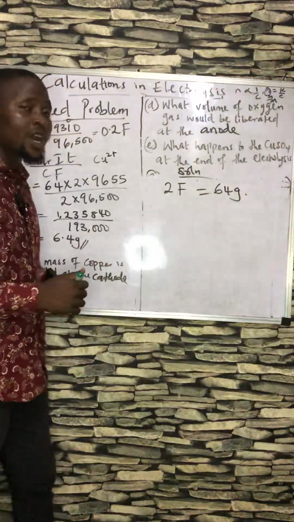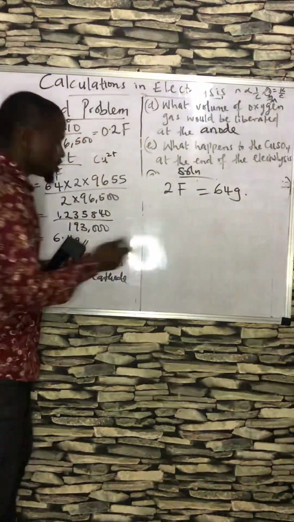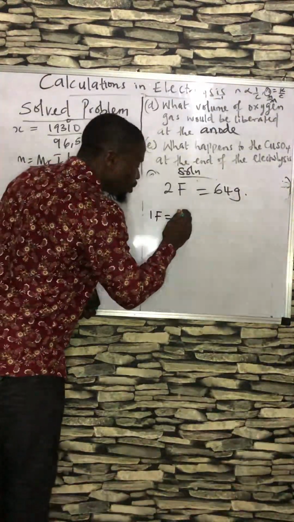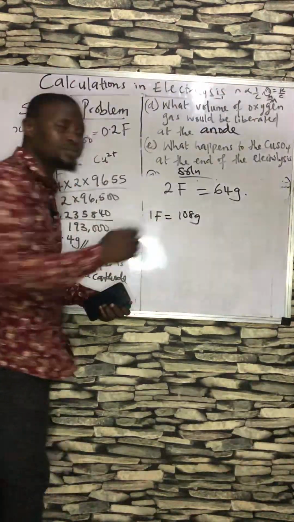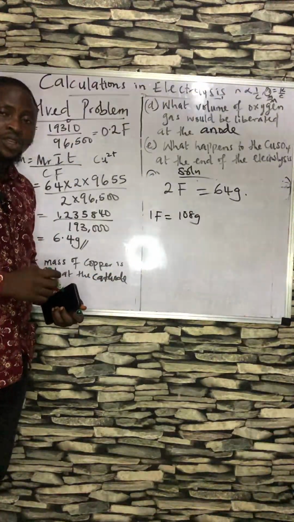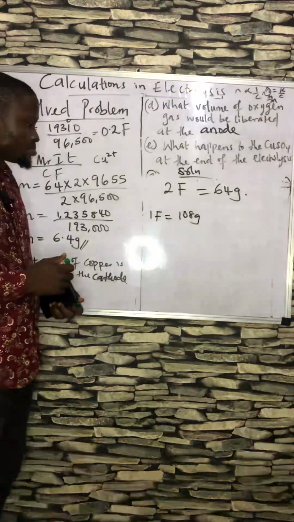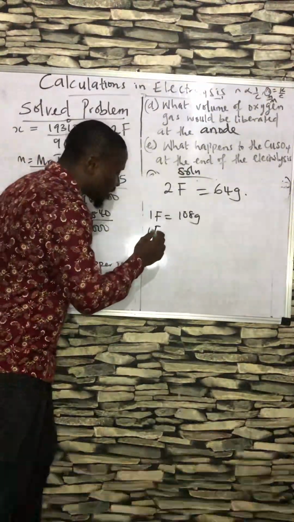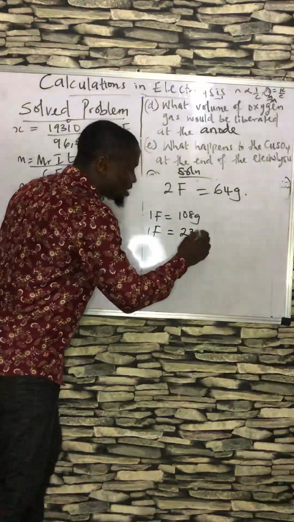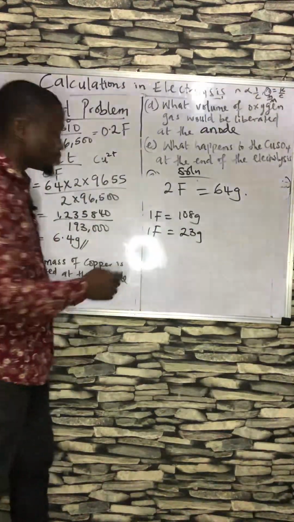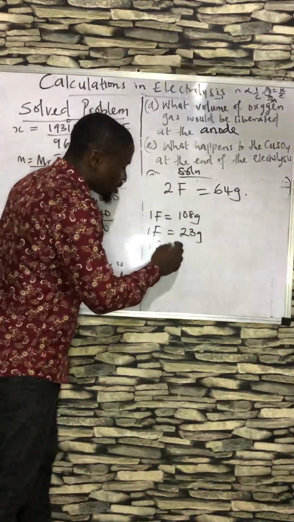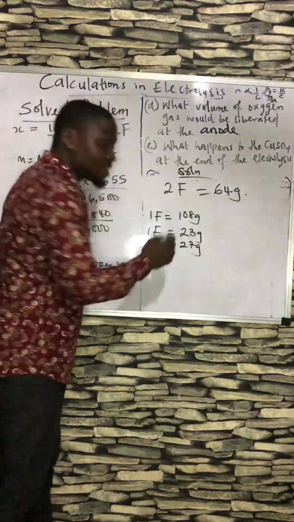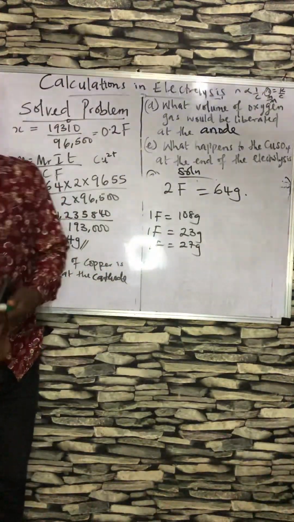If it were silver, it is 1 plus. It means 1 Faraday will give you 108 gram. If it were sodium, it is 1 plus. 1 Faraday will be equal to 23 gram. Aluminium, 1 Faraday equals 27 gram, and so on and so forth.